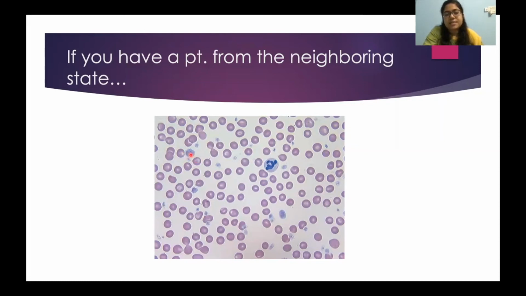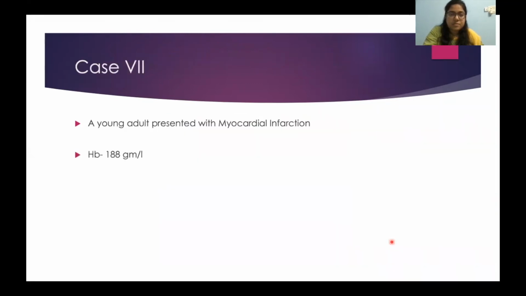Giant size is where the platelet is almost equal to the size of the RBCs or slightly larger. Macrothrombocytes are very common in Bengali patients, and if the lab reports thrombocytopenia, better get the smear examined and get a corrected platelet count in such patients.